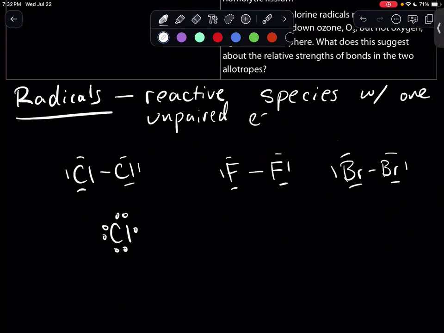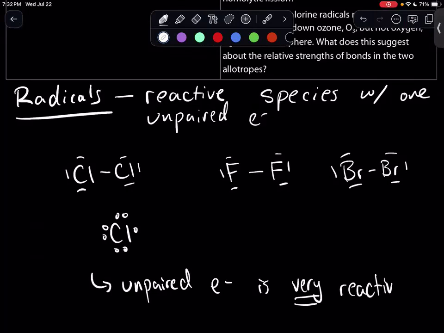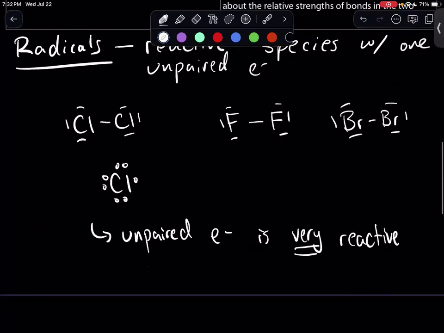They instead form bonds and form these covalent compounds because the unpaired electron is very reactive. An unpaired electron is very reactive, meaning that a species that has an unpaired electron doesn't last long in the environment. It almost immediately goes ahead and reacts with something.